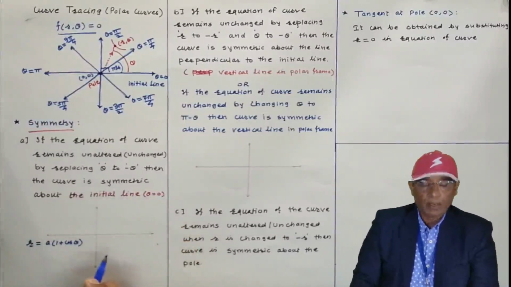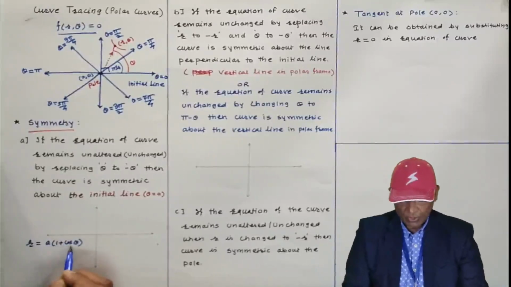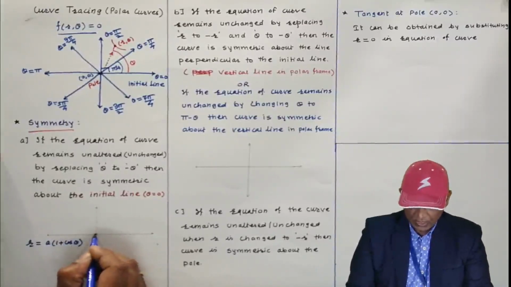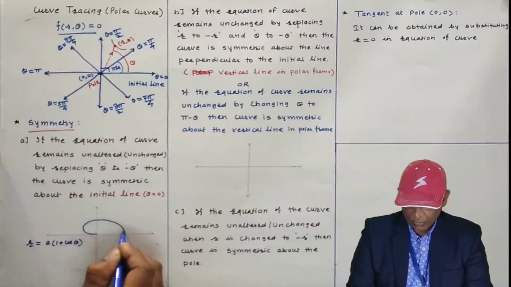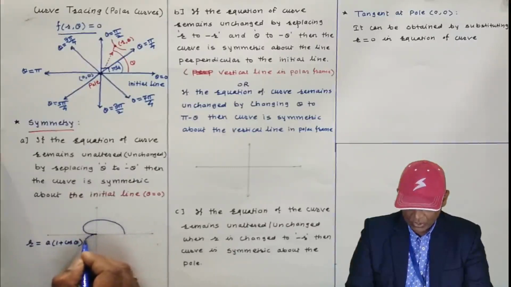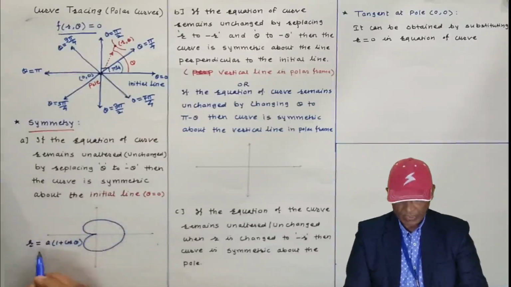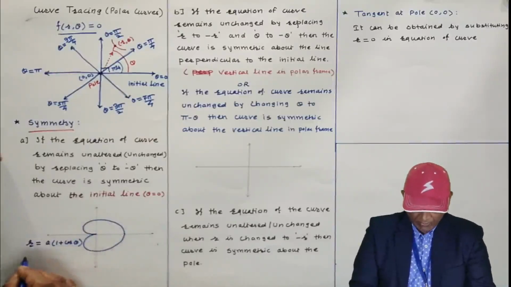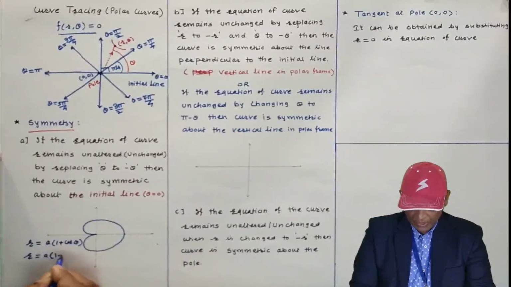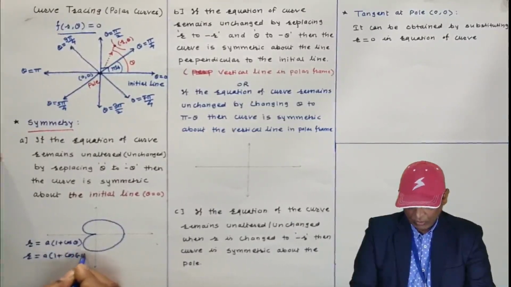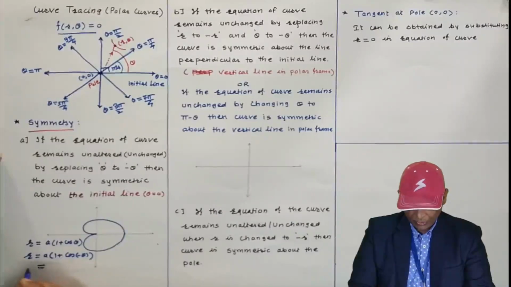Now, for example, r is equal to a into 1 plus cos theta is the curve. See, this is the cardioid. I am going to draw this directly because we will trace this curve later. This is the cardioid, r equals a into 1 plus cos theta, and if you replace theta by minus theta here, then cos of minus theta is cos theta.